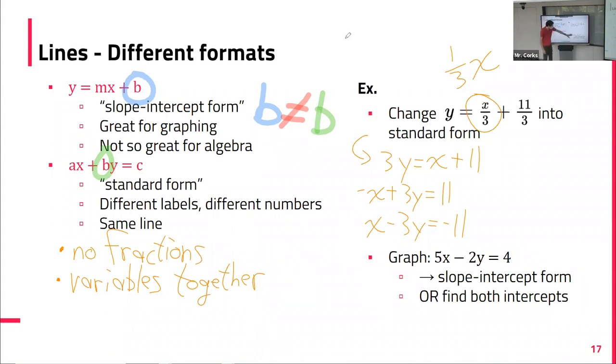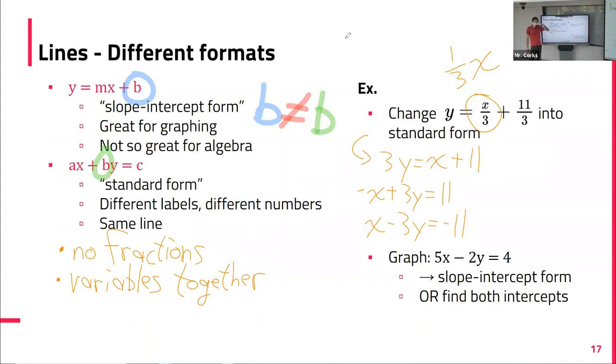Okay, and so we'll do the same thing here, but in the other direction. If we have something in standard form, we'll switch it over. If we want to graph that, two choices: change it to slope-intercept form and then graph that line, or there's a different kind of quick method of just finding the two intercepts, x and y intercepts.